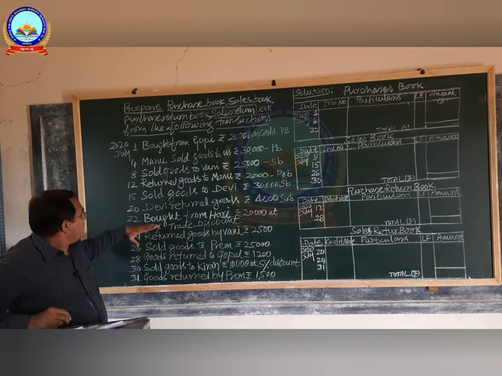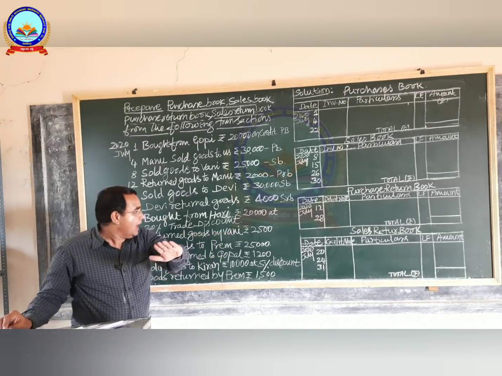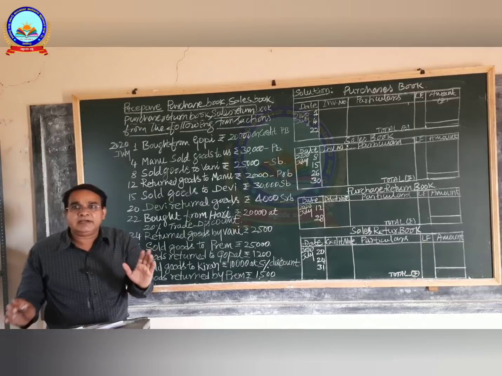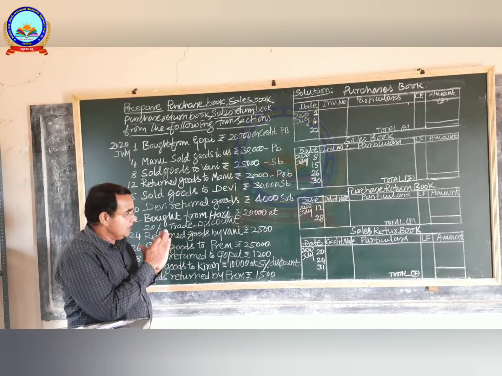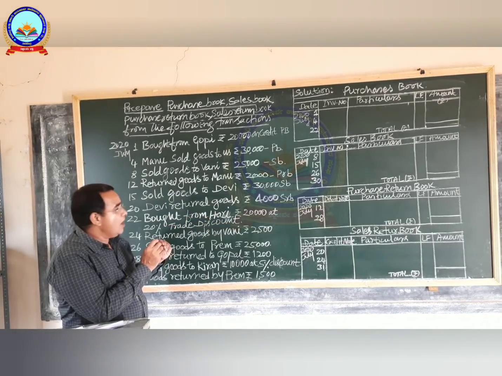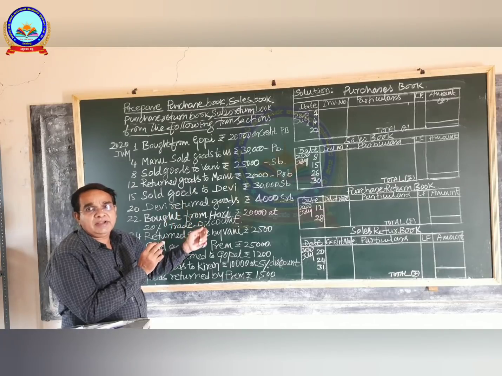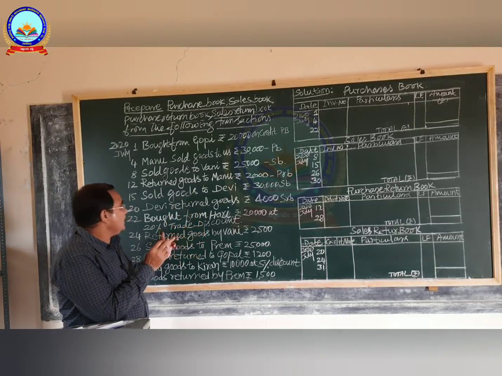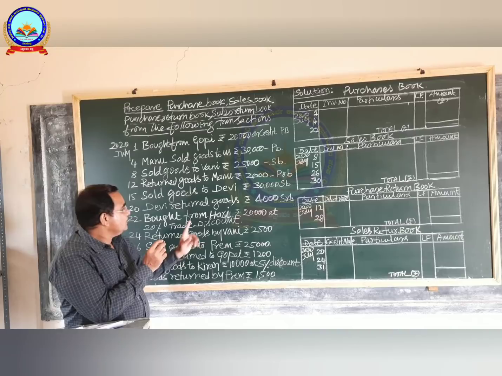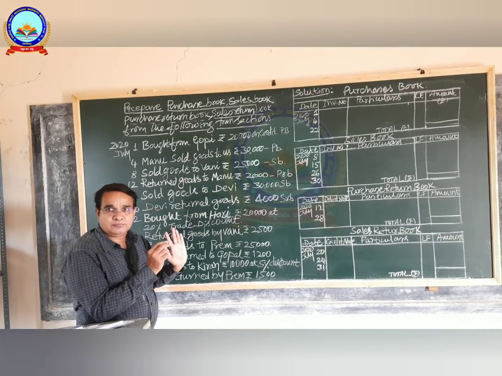Next, on 22nd, bought from Hari rupees 20,000 at a 20% trade discount. Here, the goods have been purchased from Hari, amounted to rupees 20,000, but he has given a trade discount at 20%. This transaction, there is no doubt, should be entered in the purchases book.